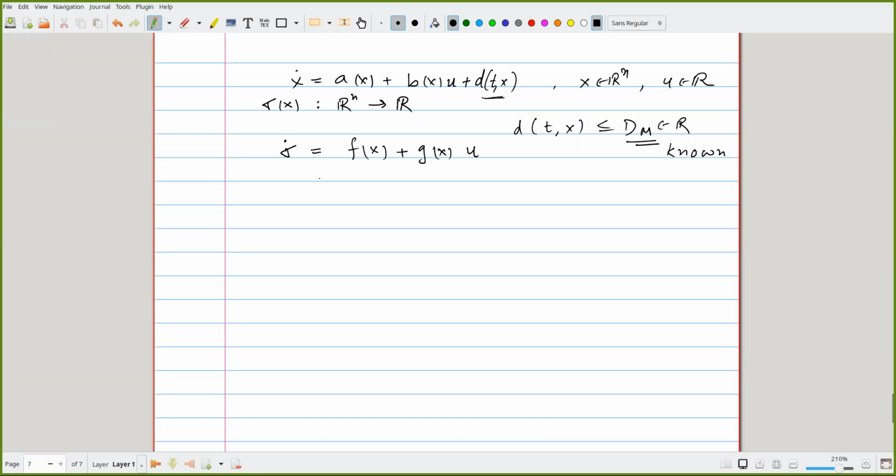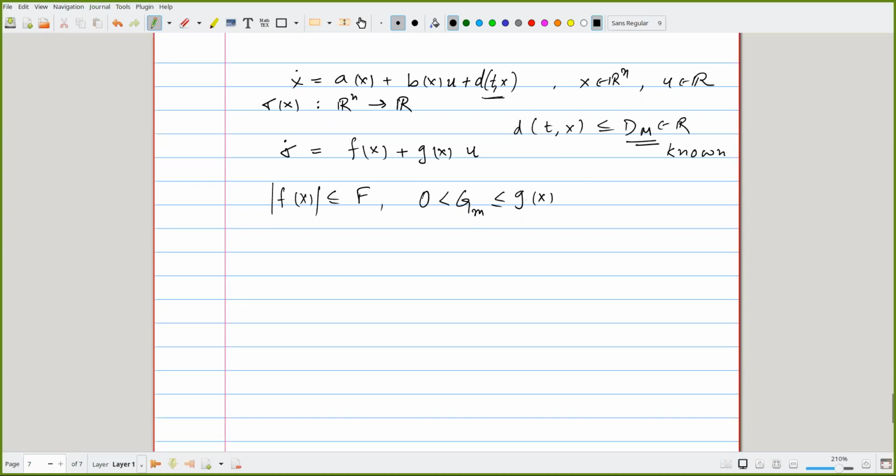After we arrive at this form, we put some boundedness assumptions on f and g. We assume that f(x) is bounded on both sides by a known number F, and g(x) is bounded below by some number g small m, which is also sign definite.